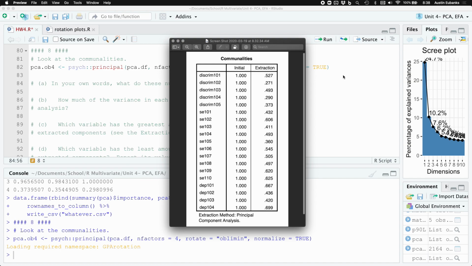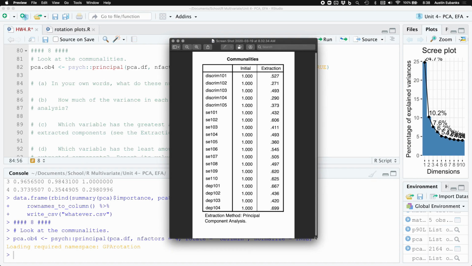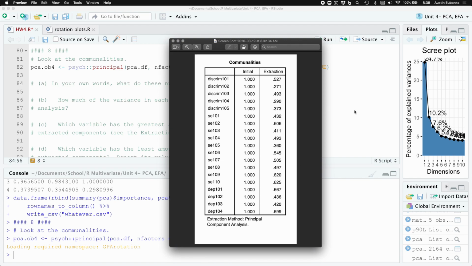So this initial communalities for now is more of a conceptual thing that you'll need to understand. What the principal function gives you is the extracted, the final communalities. And Anna, I'll let you talk a little bit about what these mean. Sure. What do you guys notice about here in a PCA, the initial column?